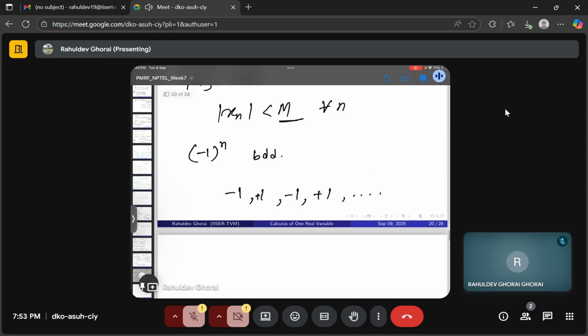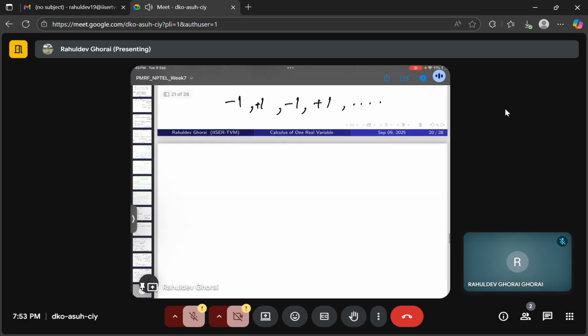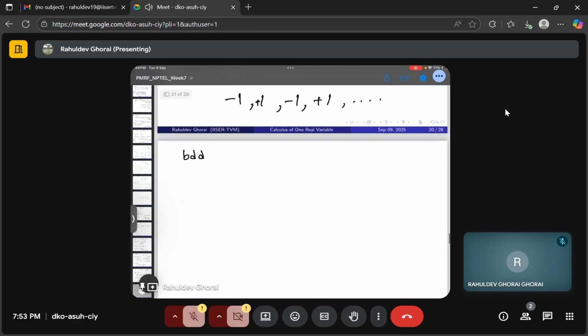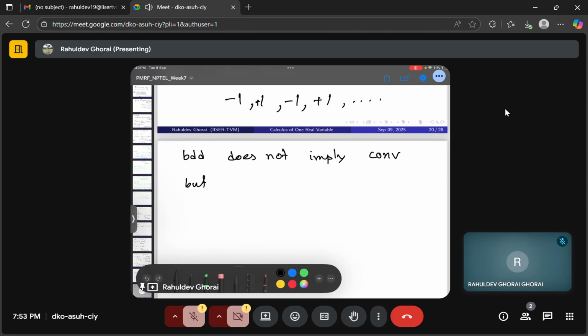When you have a bounded sequence, it may or may not be convergent. So bounded does not imply convergent, but convergent implies bounded.